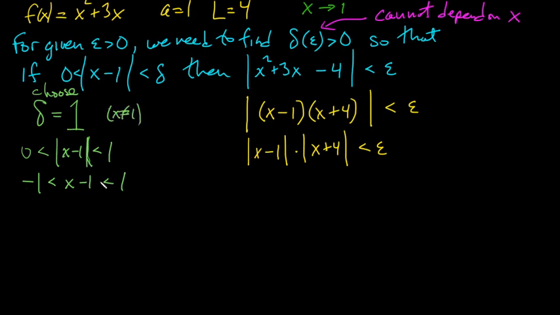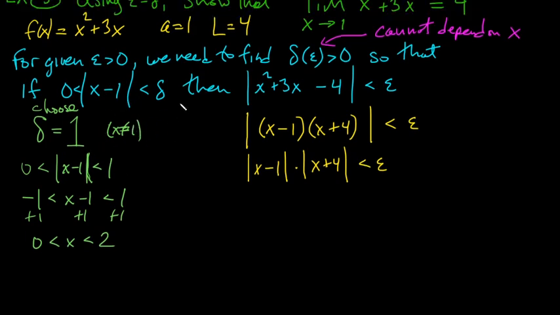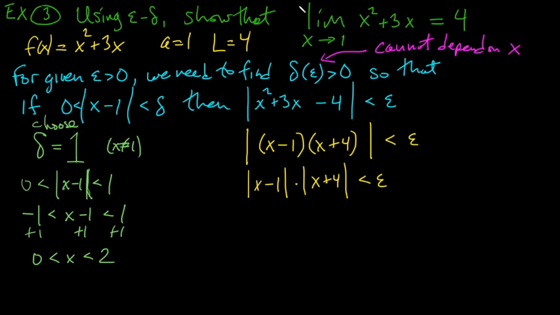Now just add 1 to everything, and that tells me that x has to be between 0 and 2. At some point, I'm not going to say that anymore. We're just assuming that x is not equal to 1. Remember, in the limit as x approaches 1, we don't care if x equals 1 or not.